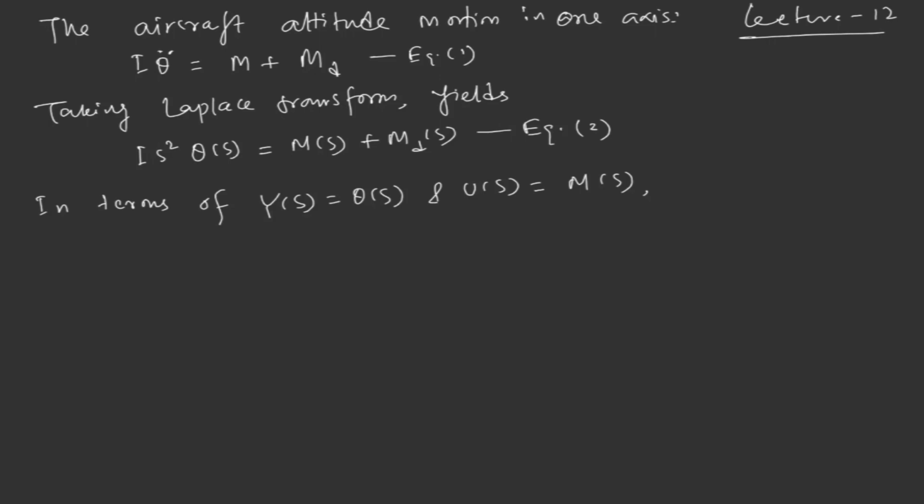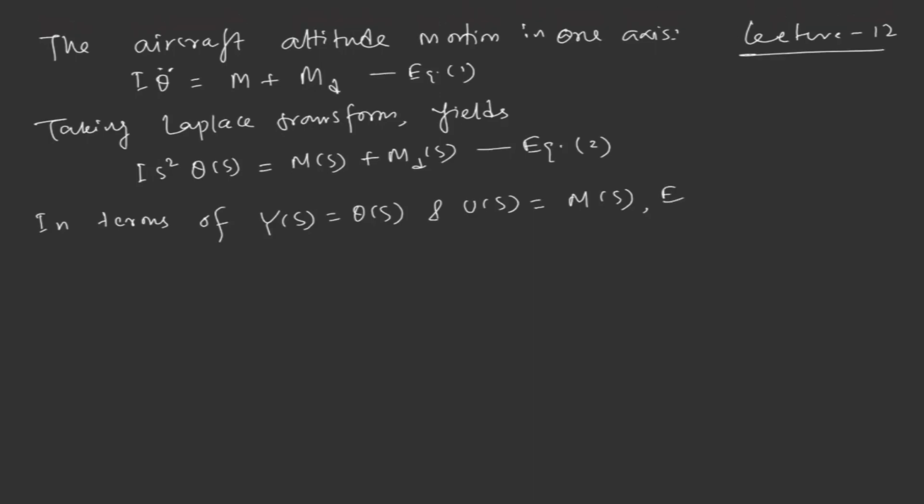So now equation 2 yields Y(s) equal to 1 upon I s squared times U(s) plus Md(s).